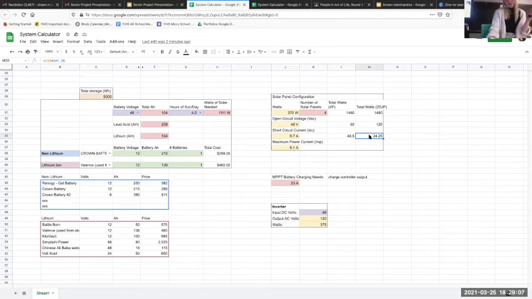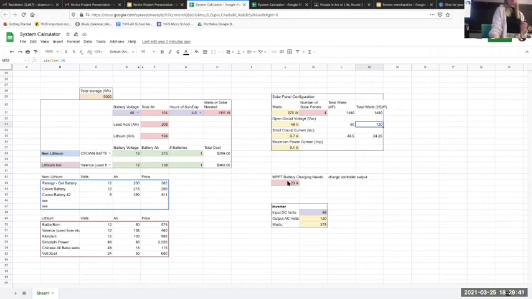Here you can see it's much lower. And then the voltage as well: this is 48 times 1.25, so it goes up a little bit, but it's really low. If we do it in this 2S2P way, we have 120 volts, which is much higher. Then you're looking at a charge controller, and you take this number and divide it by the voltage, and that gives you the amperage for your charge controller.